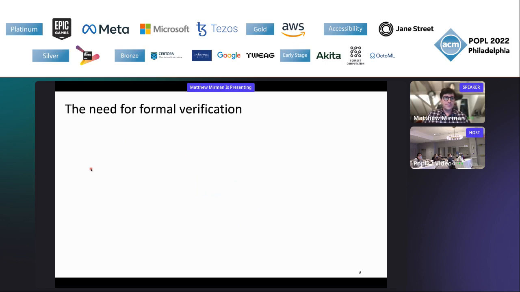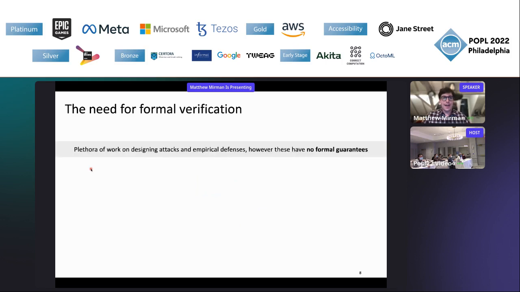So there's this need for formal verification that arises here, because as it turns out, most of the properties that we would want to verify are over sets that are too large. And more importantly, if we have just empirical verification, we end up with a cat and mouse game. So there's been a lot of work on designing attacks and creating empirical defenses.